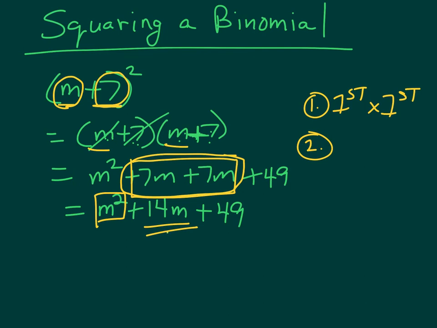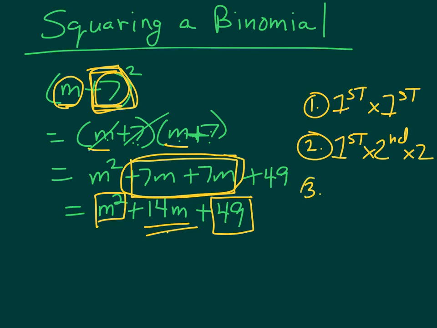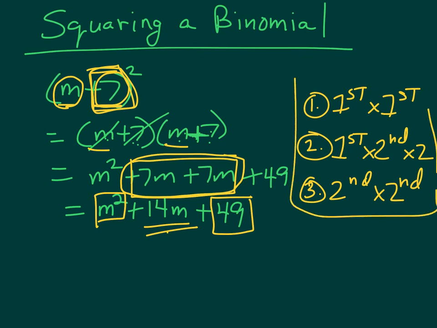So to get the 14m, we could have taken the first times the second and then doubled that, because you're going to end up with two of them, just like we ended up with two 7m's. And then the 49 we got by taking 7 times 7, so it will be second times second. So here's your shortcut if you want it. First times first, first times second times 2, and second times second.